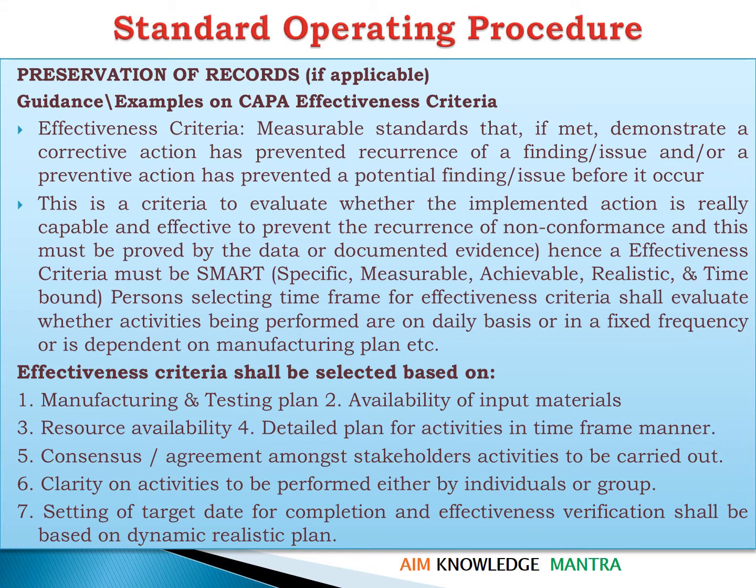Resource availability. 4. Detailed plan for activities in time frame manner. 5. Consensus, agreement amongst stakeholders for activities to be carried out. 6. Clarity on activities to be performed either by individuals or group. 7. Setting of target date for completion and effectiveness verification shall be based on dynamic realistic plan.